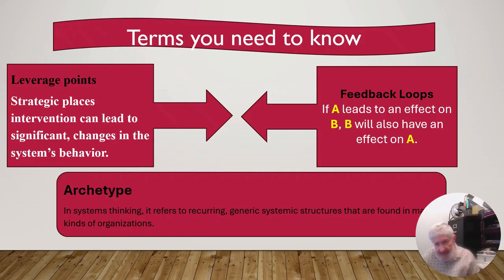And finally, a mental model. And this is basically how things start out. A mental model is just a simplified representation of how something works in the world. So it's an idea that you may have.